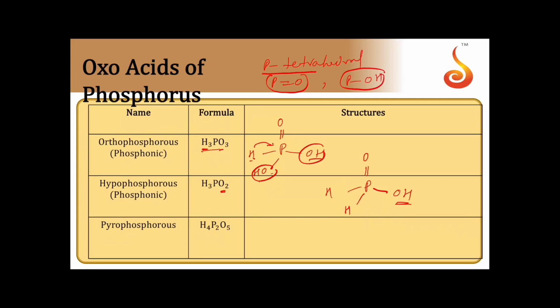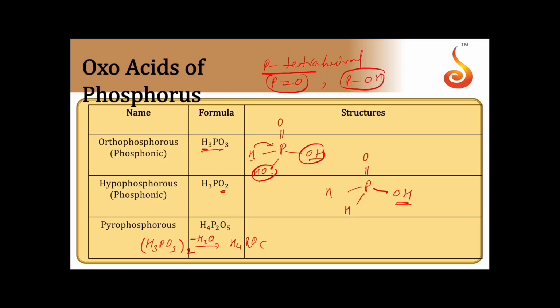Then comes pyrophosphorus acid. This can be assumed by taking two molecules of phosphorus acid, H3PO3, and subtracting one H2O. Then you get H4P2O5. Pyrophosphorus means taking two molecules of phosphorus acid and removing one water molecule.